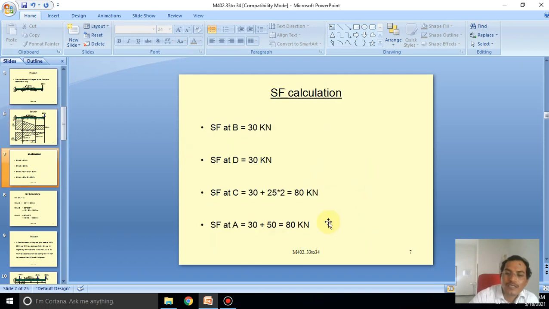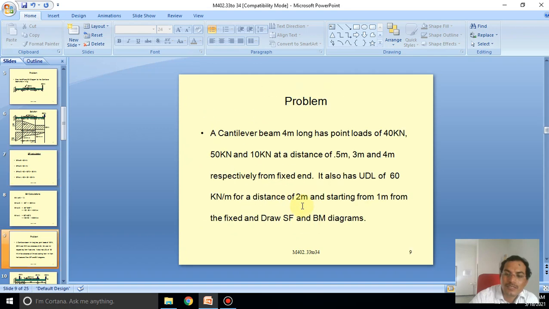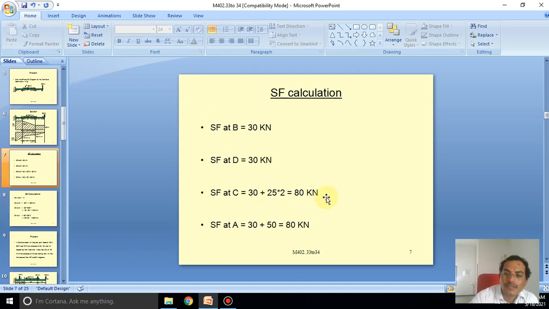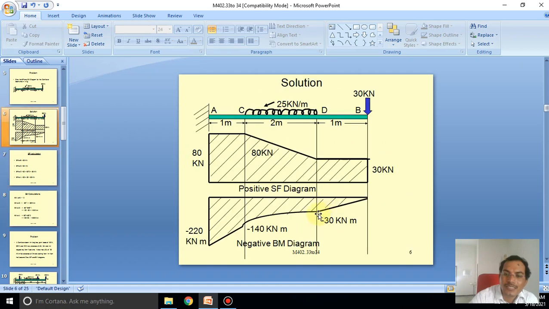At the point of C it is 140 kilonewton meter. Since there is a UDL load, the curvature gives minus 140 kilonewton meter, right? That is the right answer.